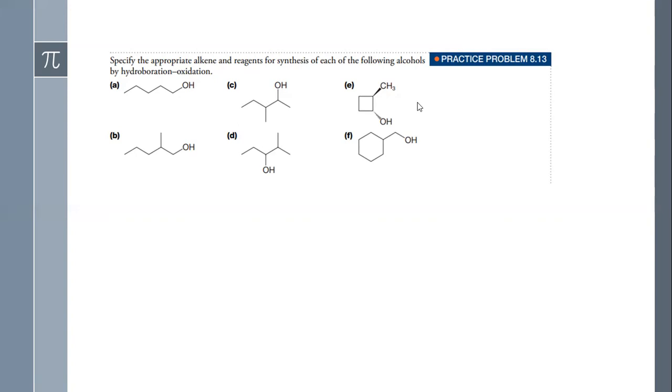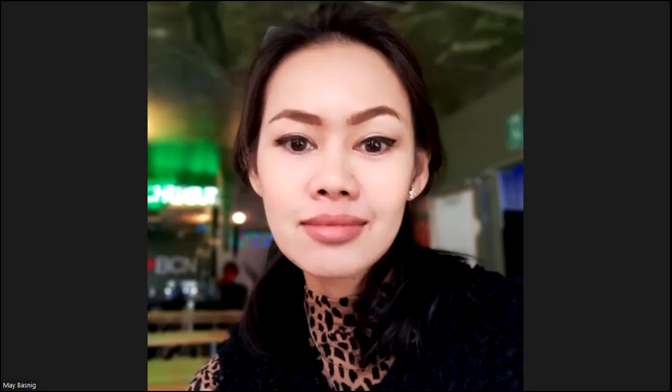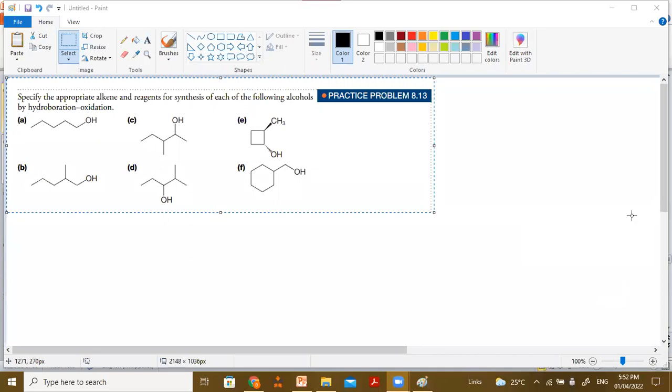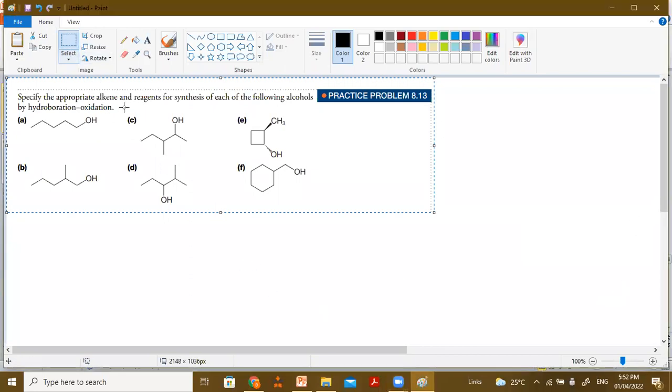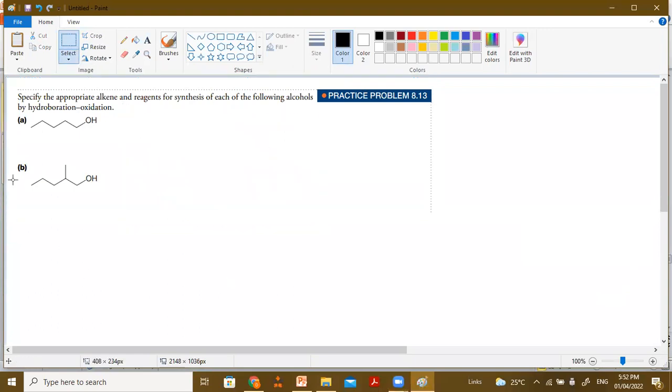Letter A. Okay, so you have to remember your alkene. How do we answer this one? Let's just answer letter A.